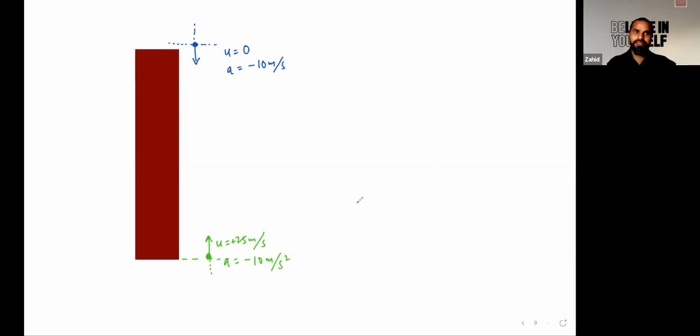In the question, they ask to find the time at which they will cross each other, or it may say, the time at which they will meet each other. In that case, if two different bodies are just crossing or meeting each other, their position and time would be equal.